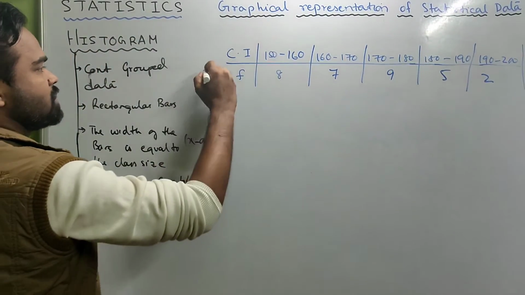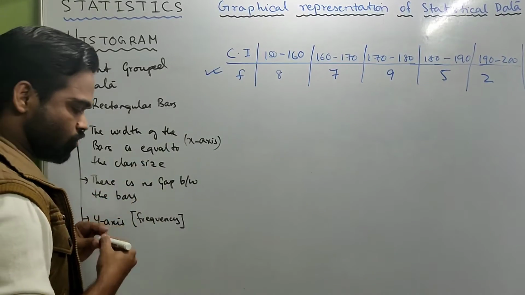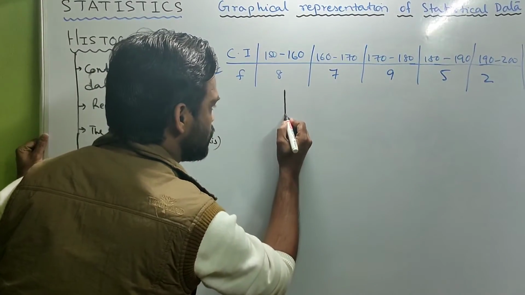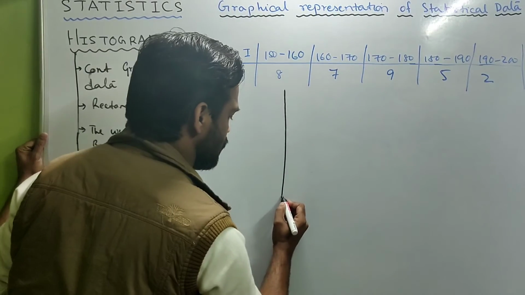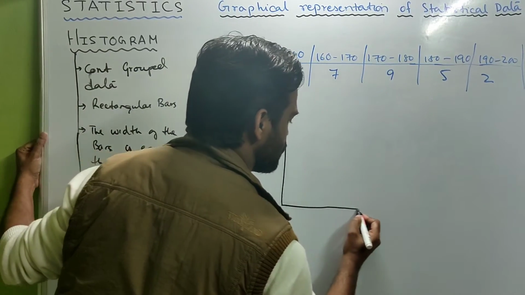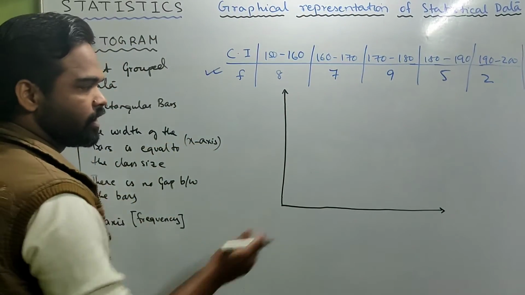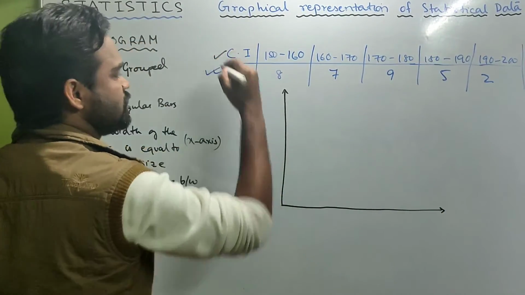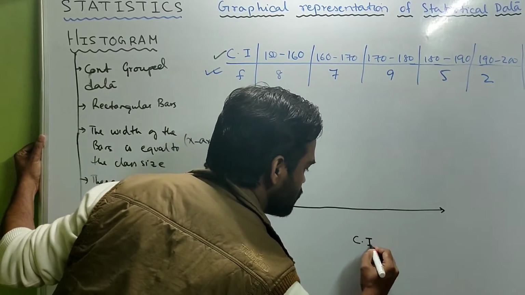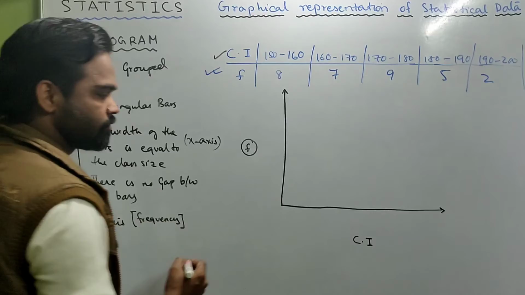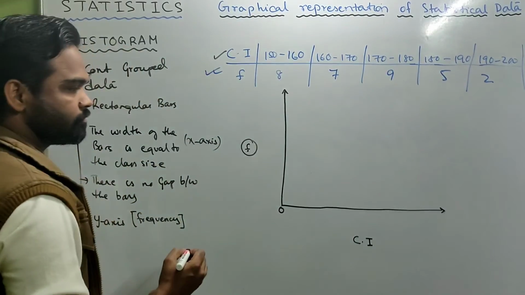Now how to represent this data with the help of a histogram? Of course we need two axes. Look carefully. Our x-axis and y-axis. Now the x-axis represents your CI, the y-axis represents your frequency. This is 0.